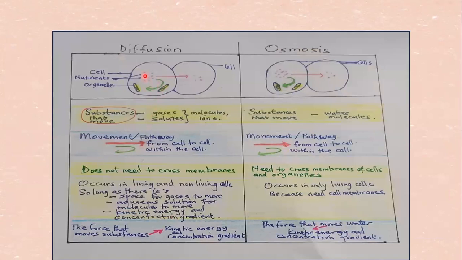In diffusion, you have substances moving from one place to another once there's kinetic energy and concentration gradient. In osmosis too, water can move from this point to another place through cell membranes. That's osmosis, once the substances have kinetic energy and concentration gradient.